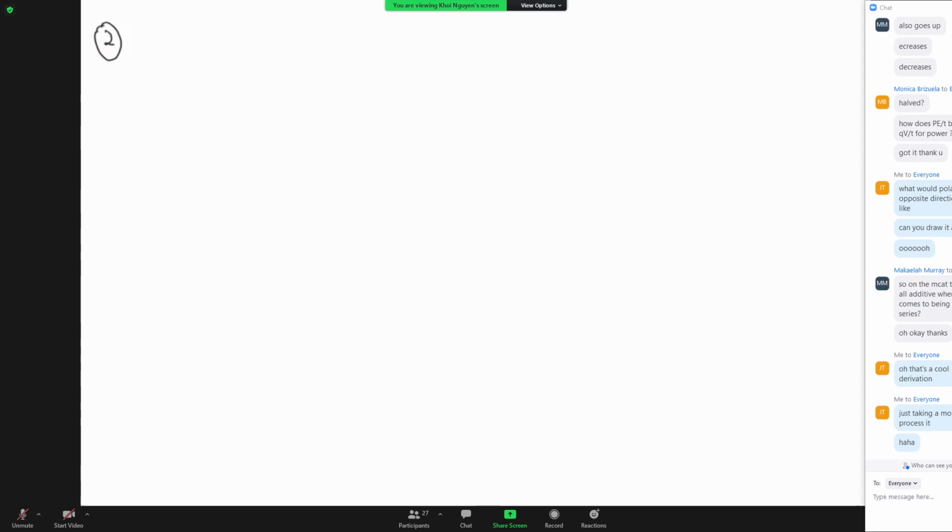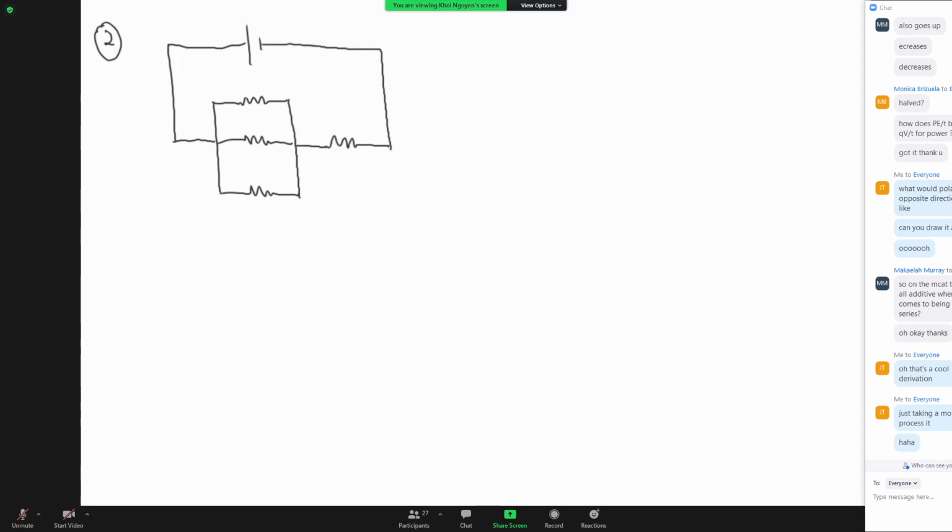Okay, second question of the day. We have a battery, which then splits into 3 resistors. Okay, so the voltage I'm given here is a 12-volt battery.